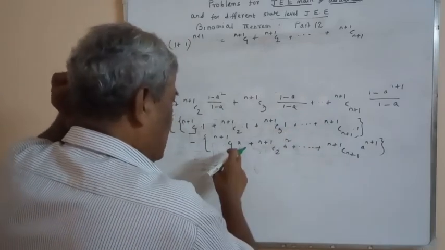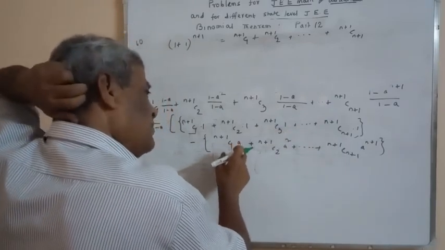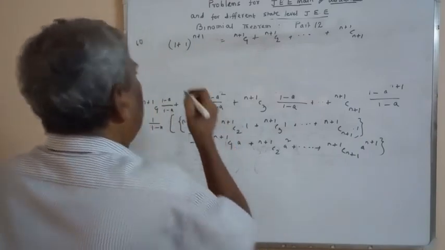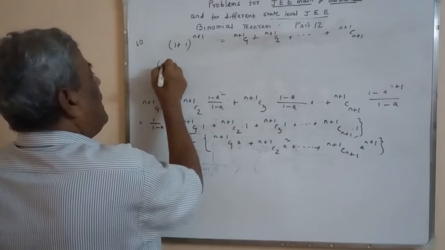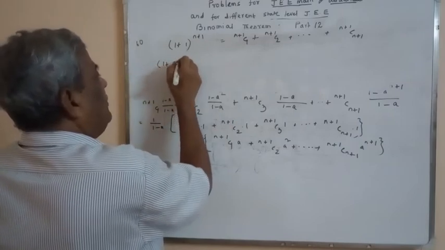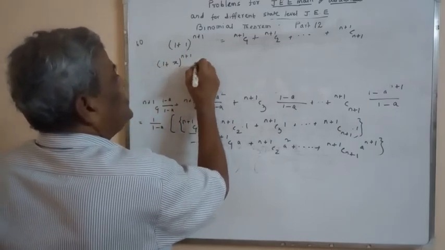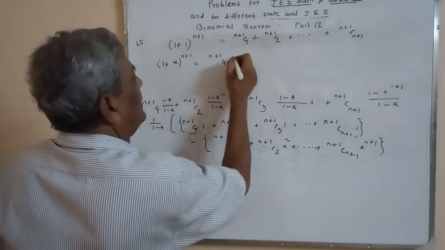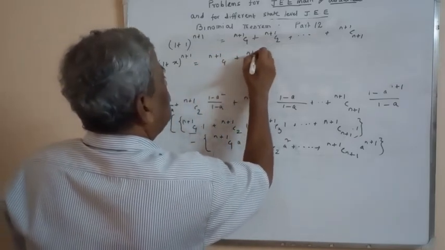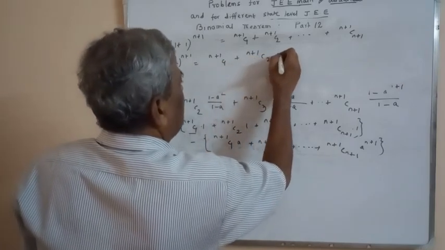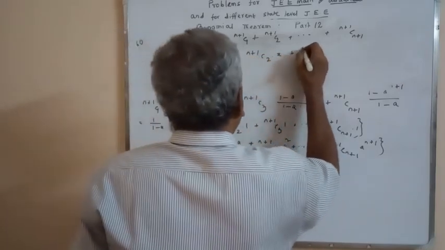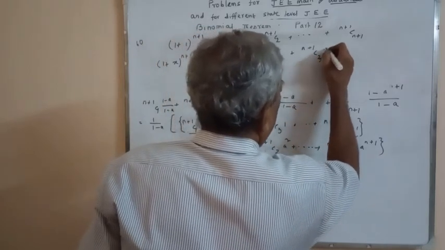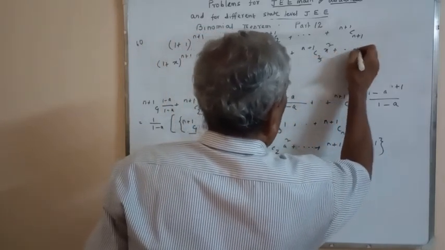Then consider this one. To calculate this, let us take 1 plus x to the power n plus 1. This is simply n plus 1 c1 into 1 plus n plus 1 c2 into x plus n plus 1 c3 into x square and so on.